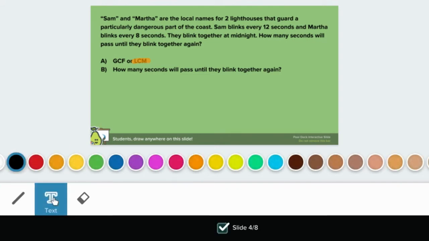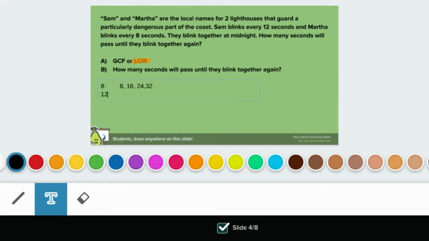All right, so that means I need to list out multiples for 8. So my multiples are 8, 16, 24, 32. And I'm going to put some spaces here so I know those are my multiples of 8.